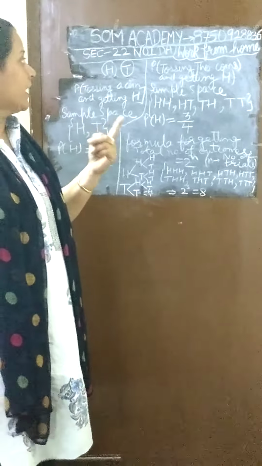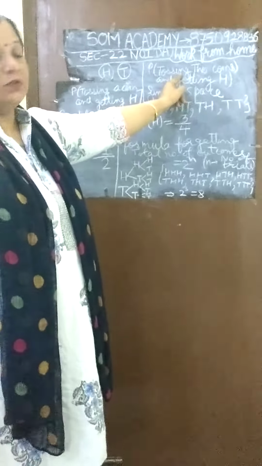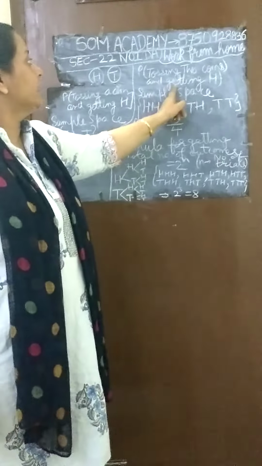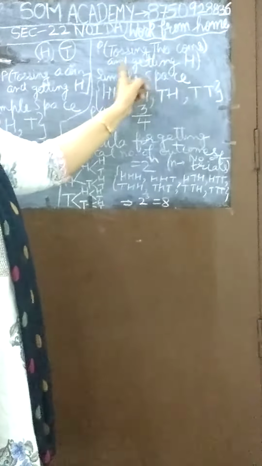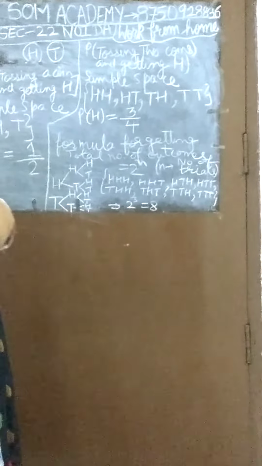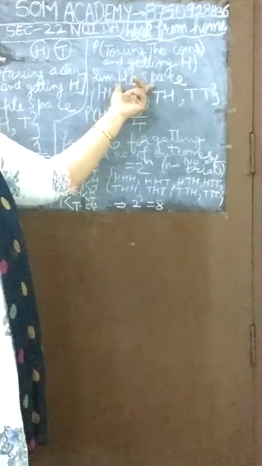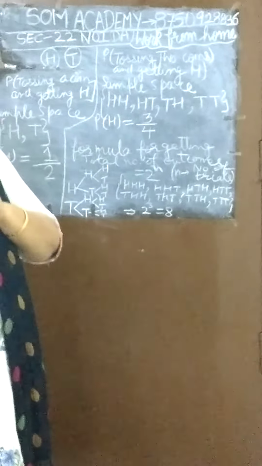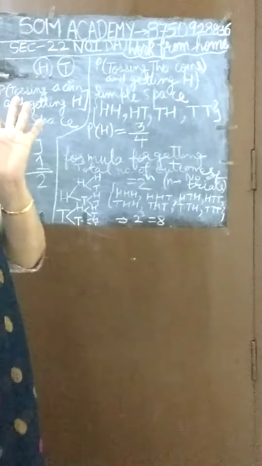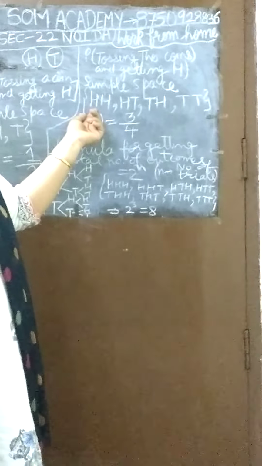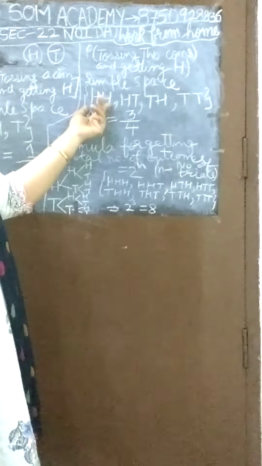Now if you have probability of tossing 2 coins and getting head, this H is visible to you. First of all you draw your sample space, because you must first take out all your outcomes. Now in the first case you can have head on both the coins.